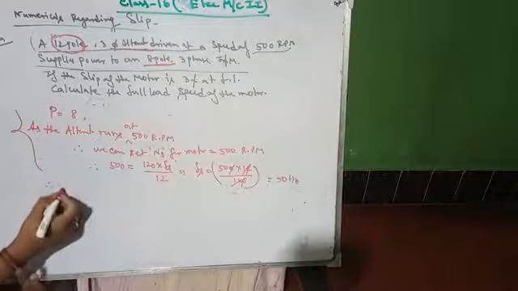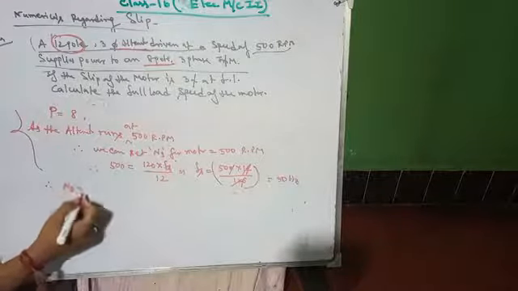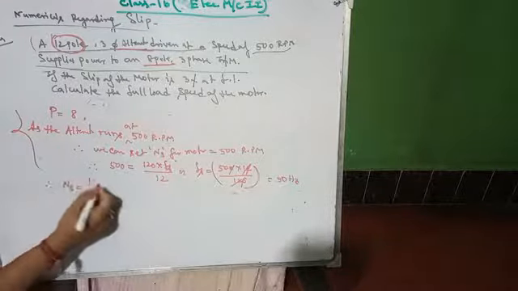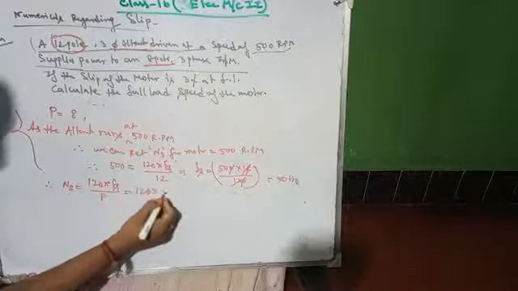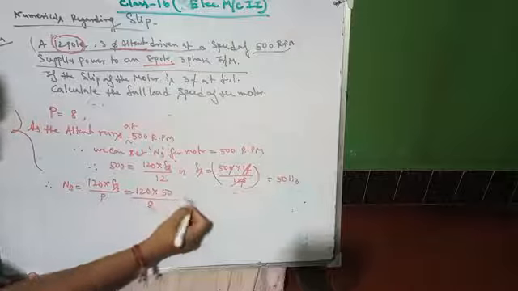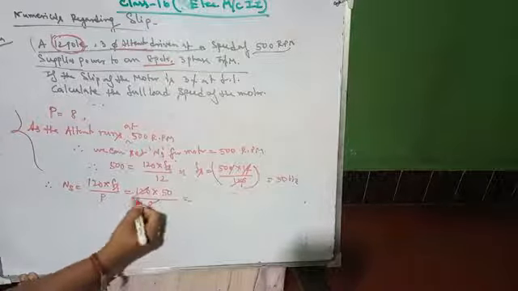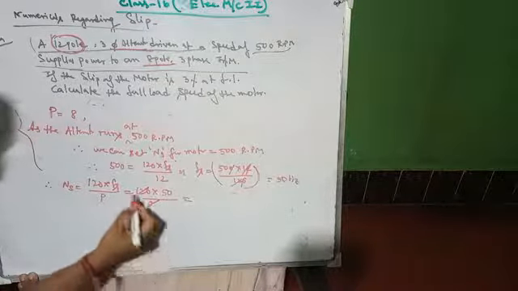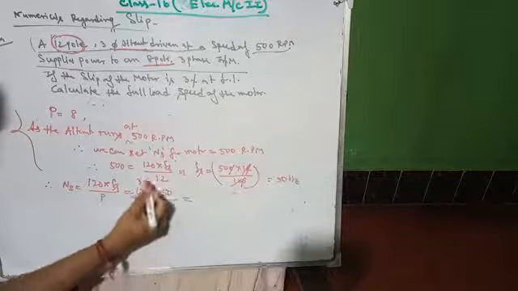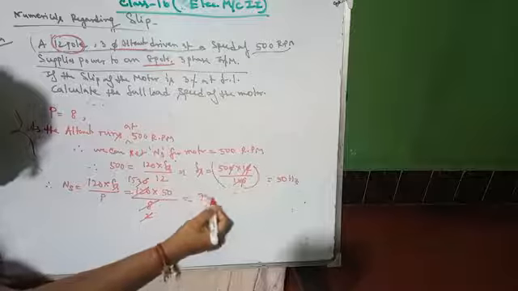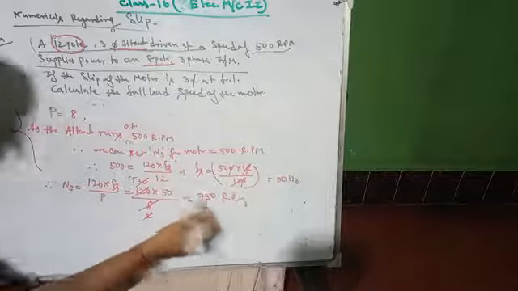Now you can find the actual Ns for the motor: 120 Fs by P, which equals 120 into 50 by 8. Cancel by 4, that will be 2, cancel by 4, that will be 30, so it will be 15. So 750 rpm is your synchronous speed.